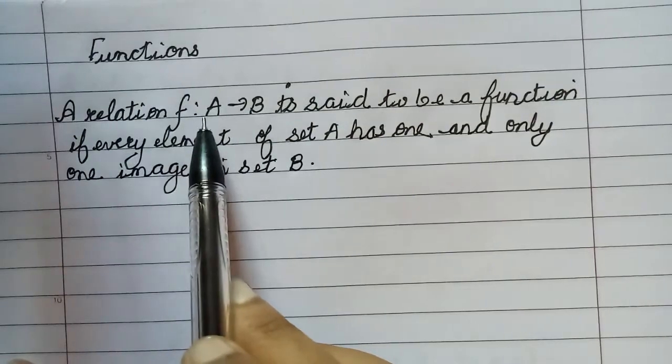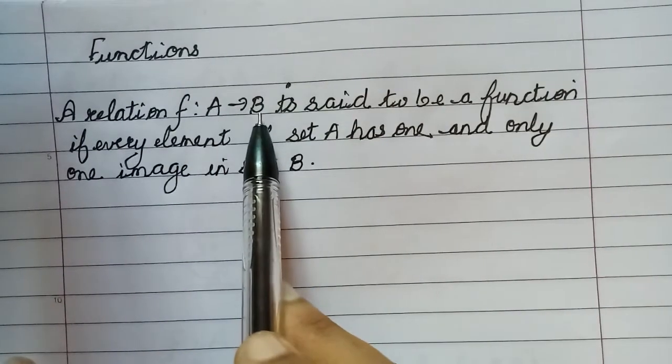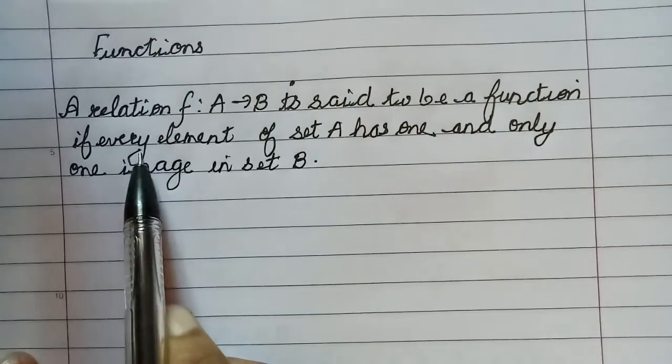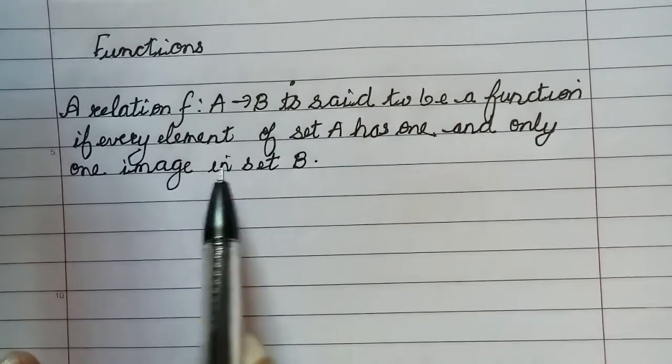A relation F from non-empty set A to a non-empty set B is said to be a function if every element of set A has one and only one image in set B.